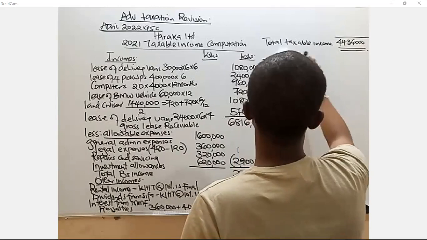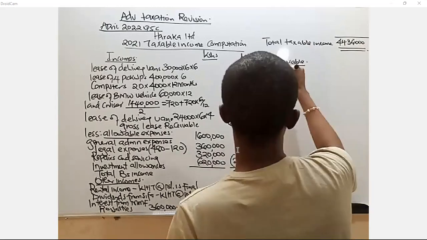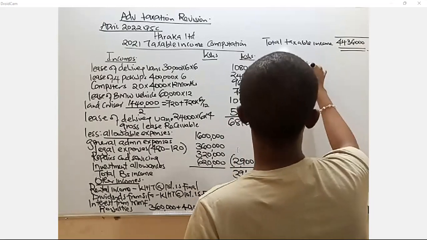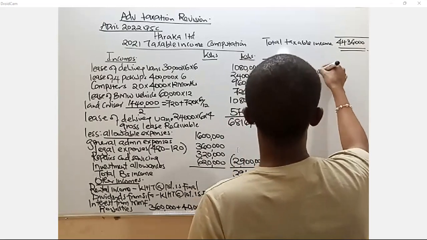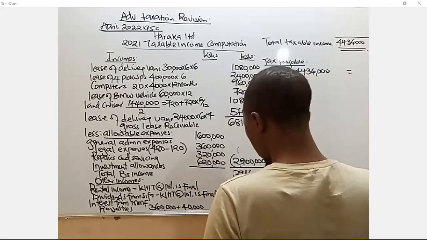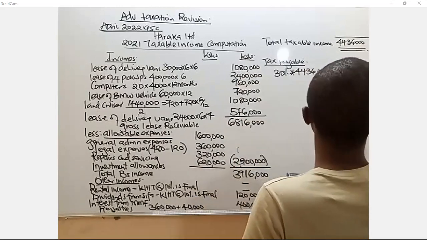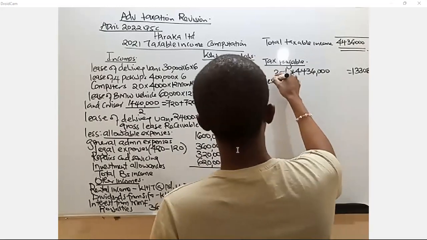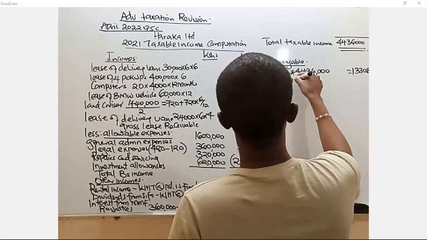Now, let us calculate the tax payable. Let us take 30% of taxable income, 4436,000. How much is this? Times 0.3, getting 1330,800. Let us deduct the withholding tax relief.